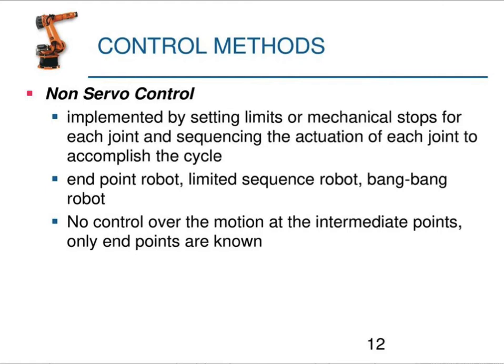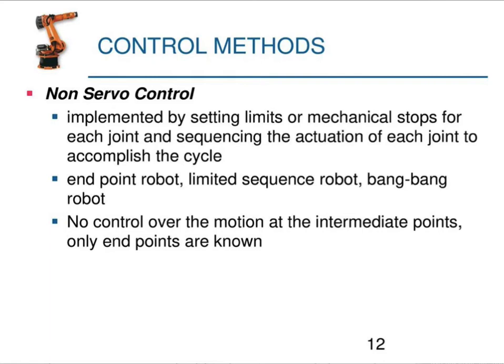The control is organized in a hierarchical structure, so that each joint has its own feedback system, and a supervisory controller coordinates the combined actuations of the joints and sequences the motion according to the sequence of the robot program.